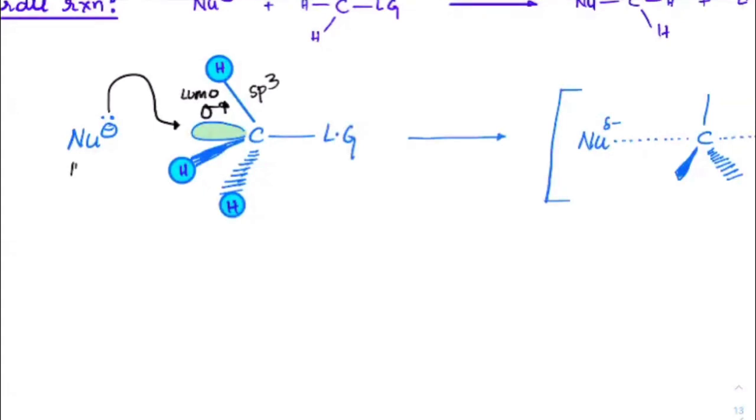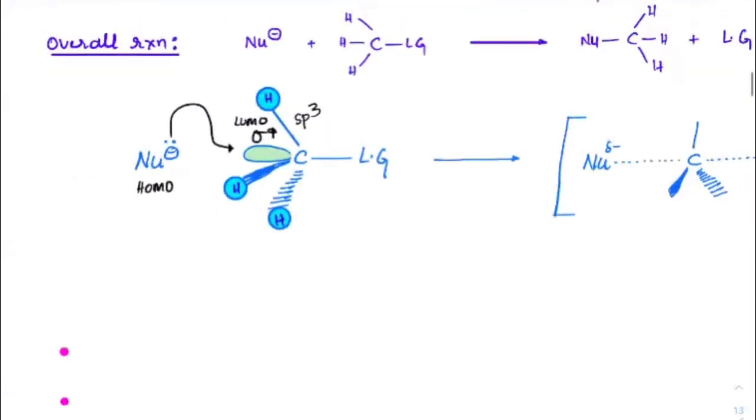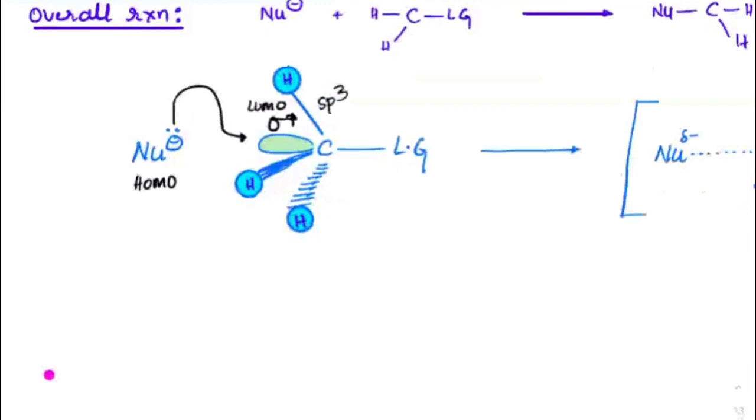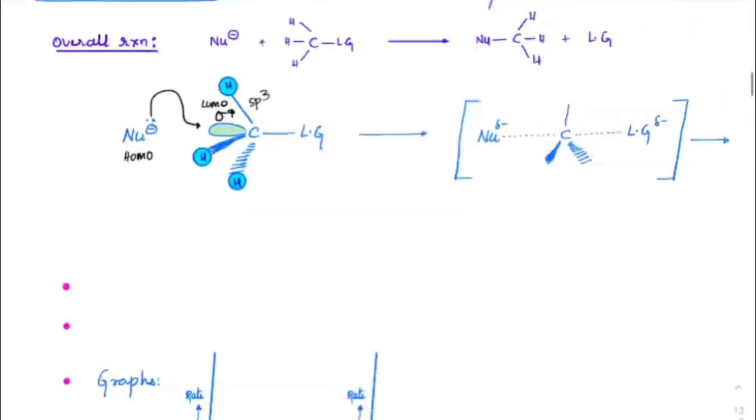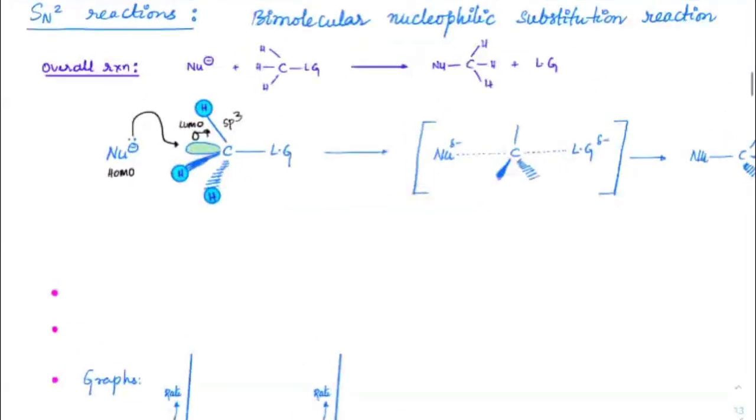And obviously in the nucleophile the HOMO orbital will attack here. So always remember, the highest energy orbital attacks the lowest energy empty orbital. So it is attacking the sigma star orbital, and you see the line of sigma star, it is just in the same line as the sigma bond along with the leaving group.